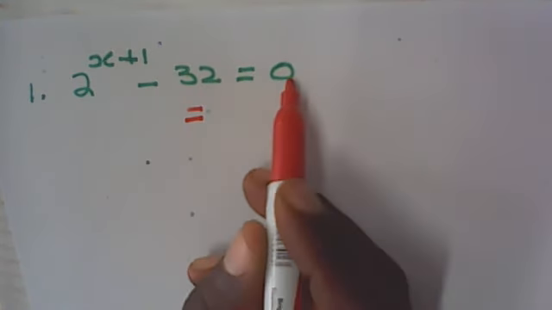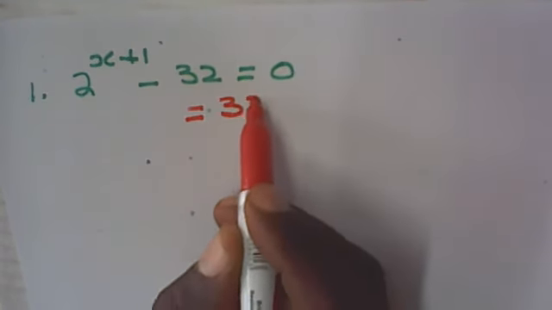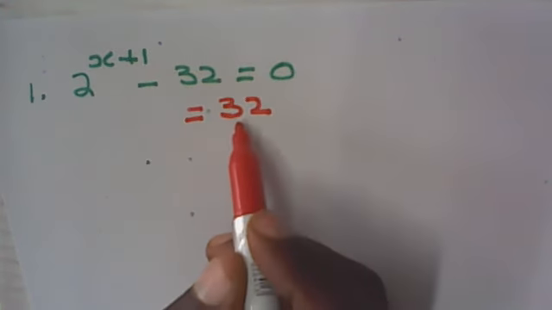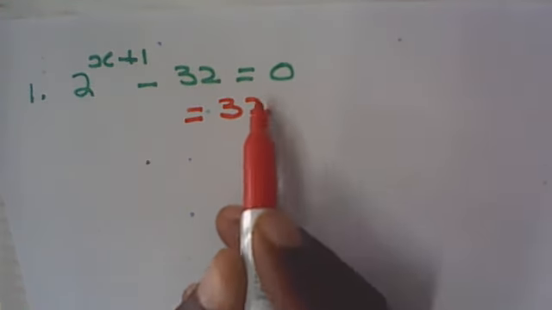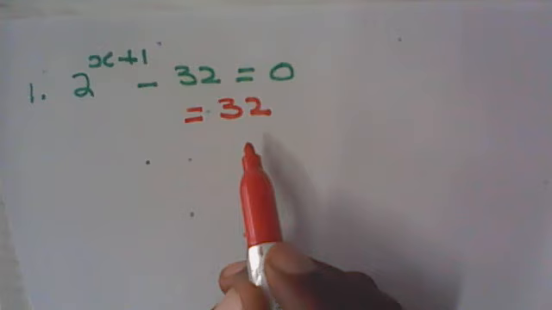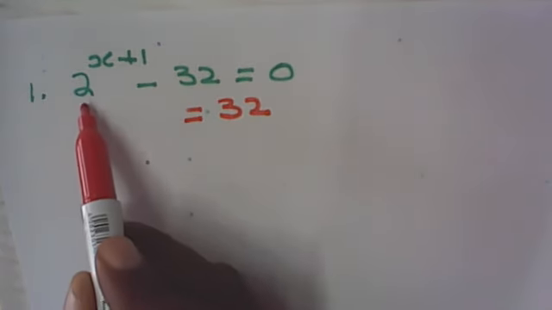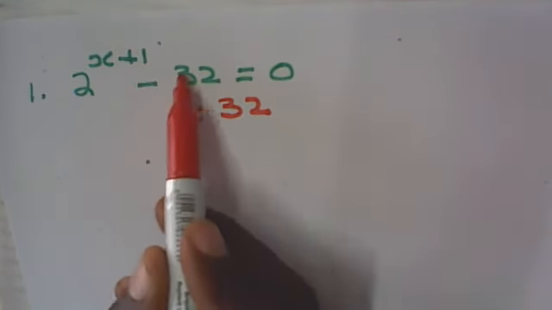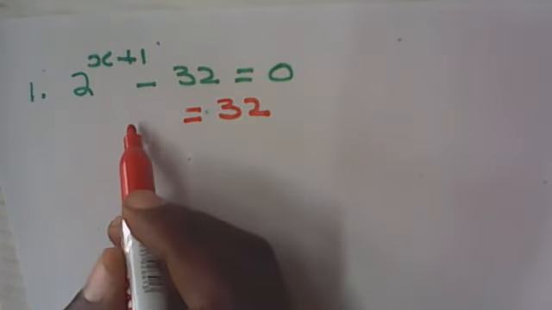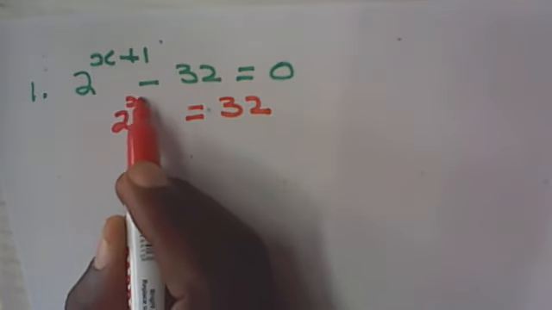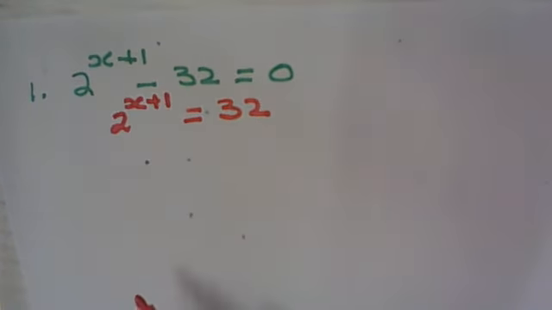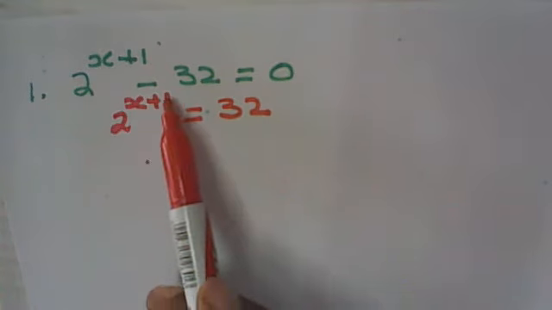When it goes there, it is going to be 32. 0 plus 32 is 32, no need to write it out. Then we take this. Here, you will be left with 2 to the power x plus 1. Shortcut, guys.